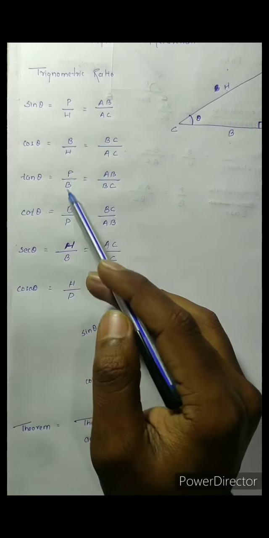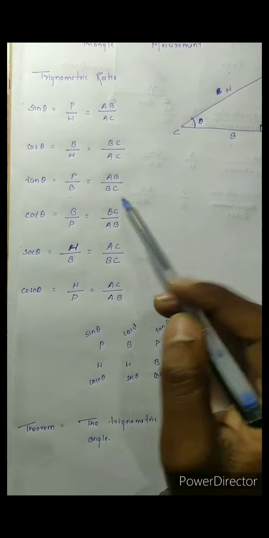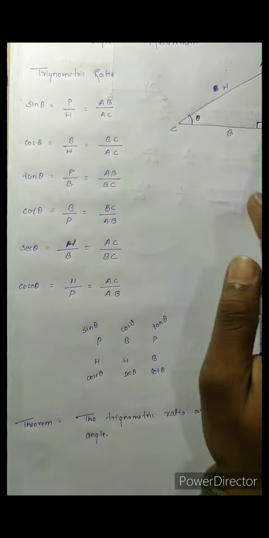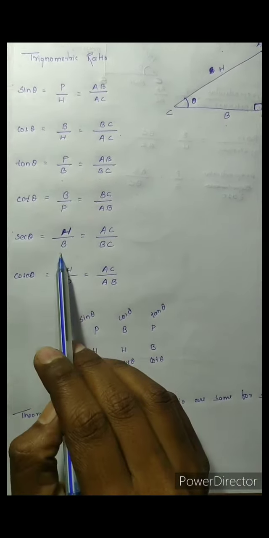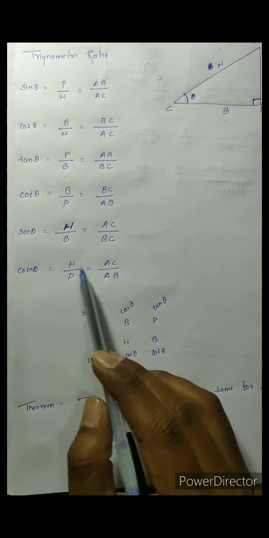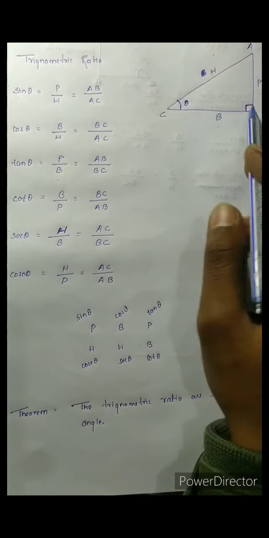Tan theta, perpendicular upon base, that is AB upon BC. For cot theta, base upon perpendicular, that is BC upon AB. Sec theta is equal to hypotenuse upon base, that is AC upon BC. And cosec theta is equal to hypotenuse upon perpendicular, that is AC upon AB.